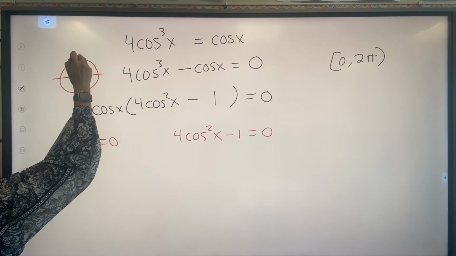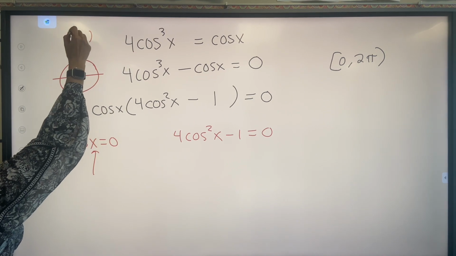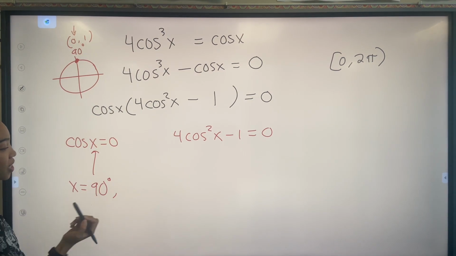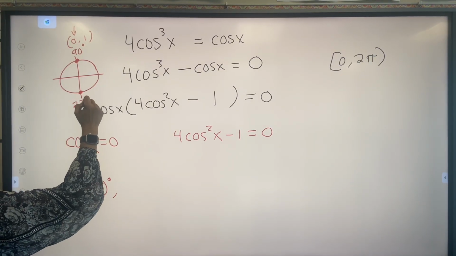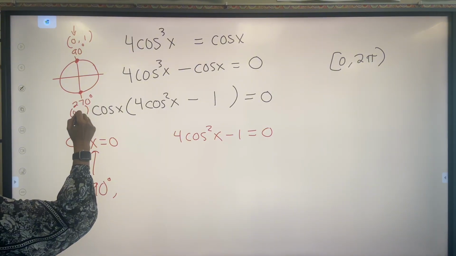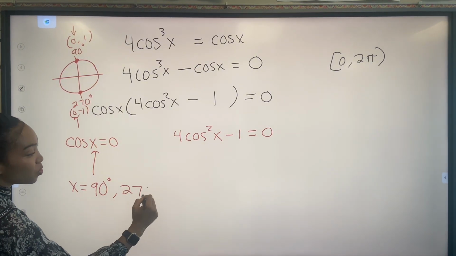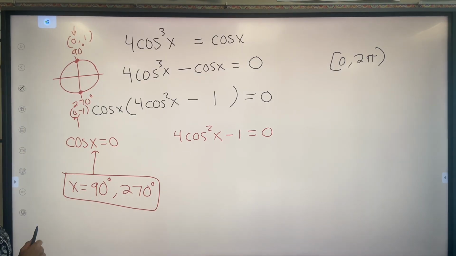Yep, at 90 degrees right here. That coordinate is 0, 1. So your x value is 0. So I know x can be 90 degrees. What else can it be? 270. Exactly. Right here at 270 degrees, the coordinate is 0, negative 1. That x value is 0. So at 90 degrees and 270 degrees, your cosine is equal to 0.